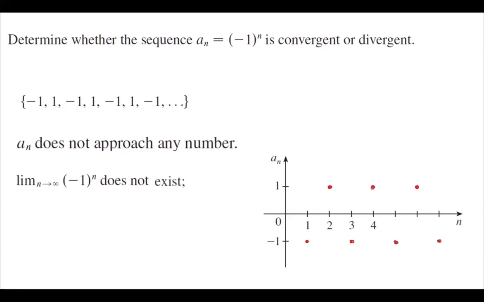You cannot say it is 1 or -1. Which one is that? We have no idea. The sequence -1 to power n is divergent. The terms are oscillating between -1 and 1. Since it doesn't have a unique fixed value, it is a divergent sequence.